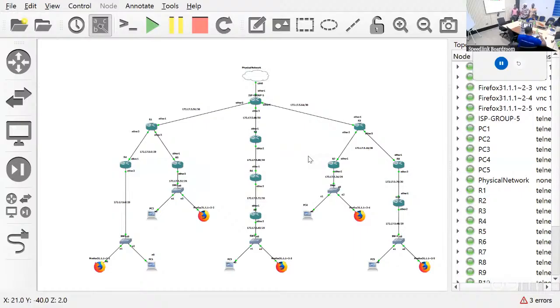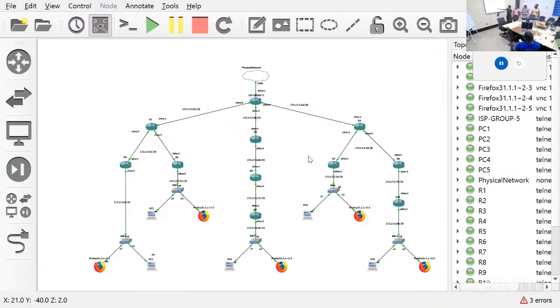Okay, so this is our lab topology. And in this lab topology, you can see that it has up to 11 routers. The best router is our internet service provider router, which will deliver internet service to all the other routers connected to it.